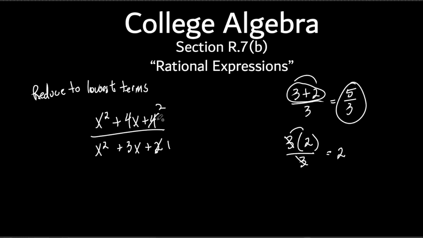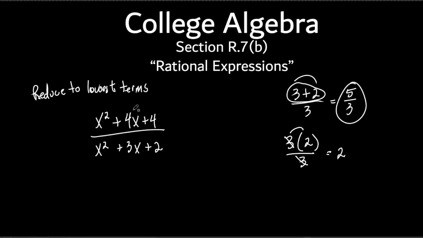So you cannot cancel out a 2 with this 2 and this 4. Why? Because it's being added. Because division is not the opposite of addition. You can only cancel stuff out when you're doing the opposite operation.